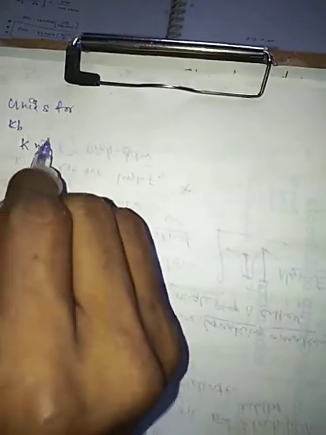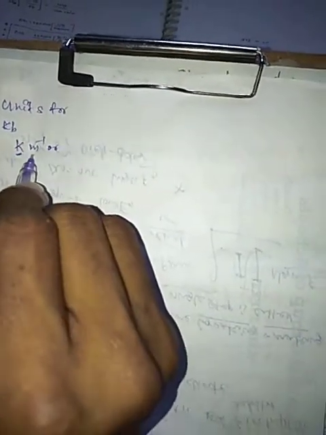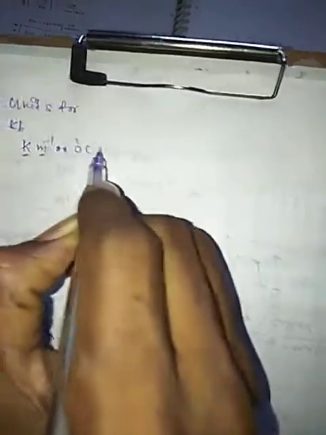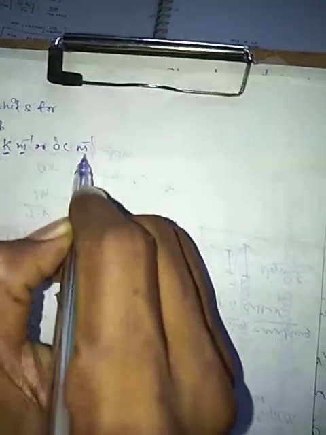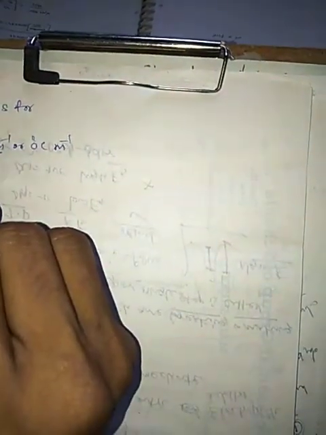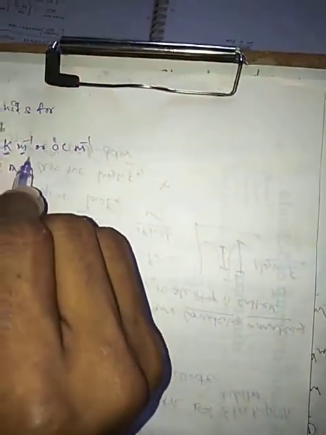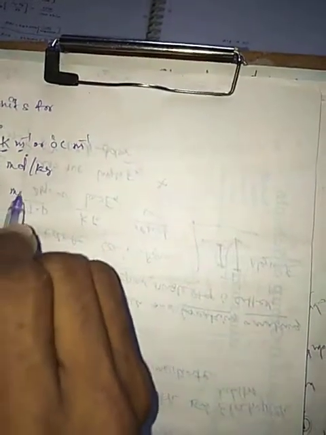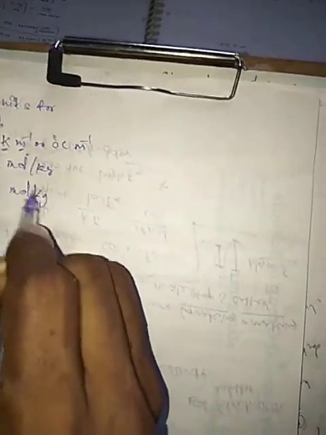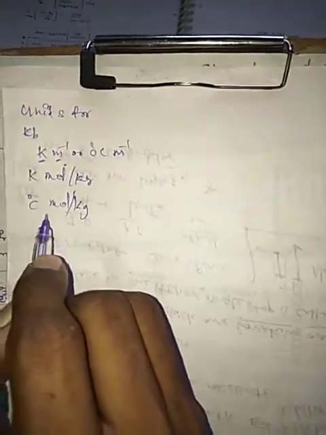The KB units are K m inverse, or kelvins, nothing but degree Celsius and m inverse. Next, one more unit, otherwise we can write K mole per kg, or degree Celsius mole per kg. These are the units of KB.